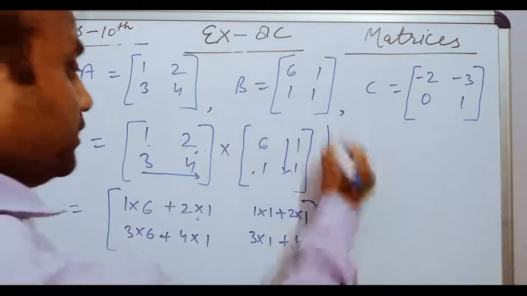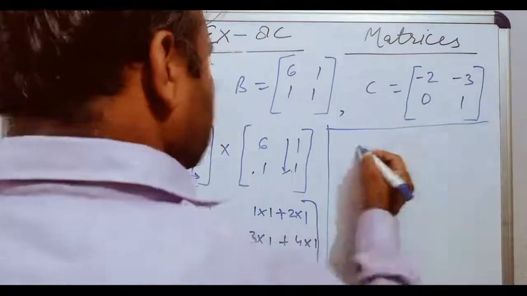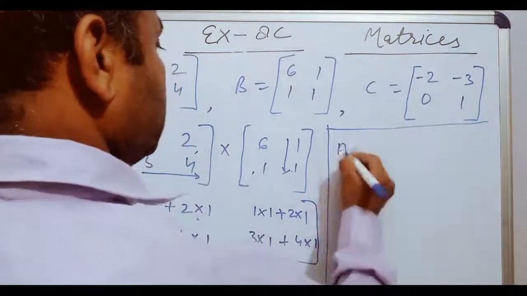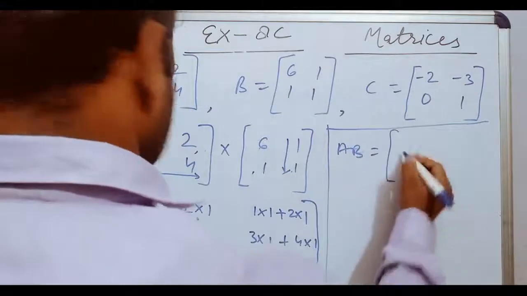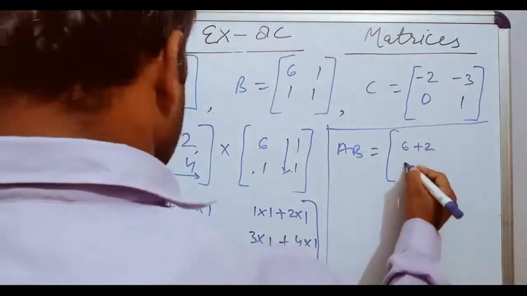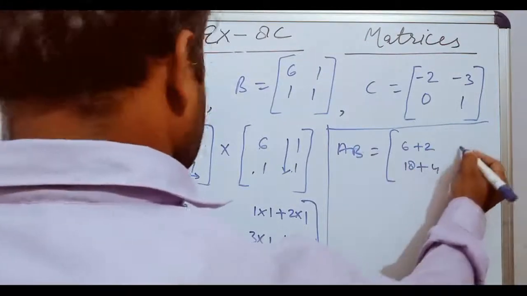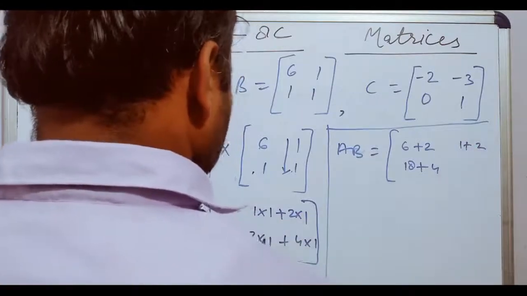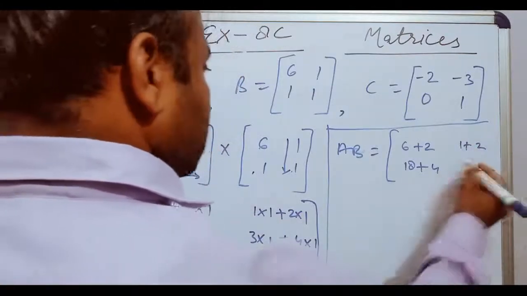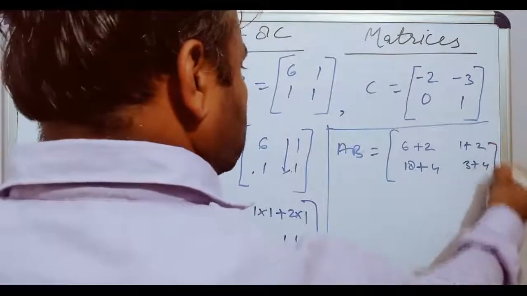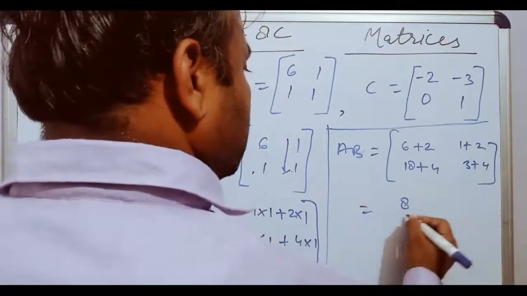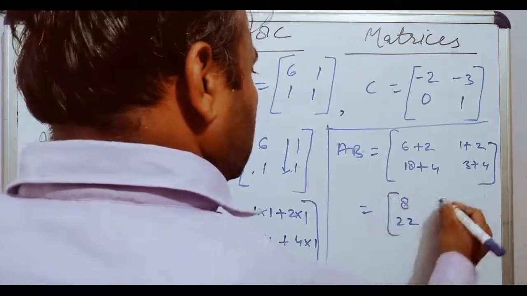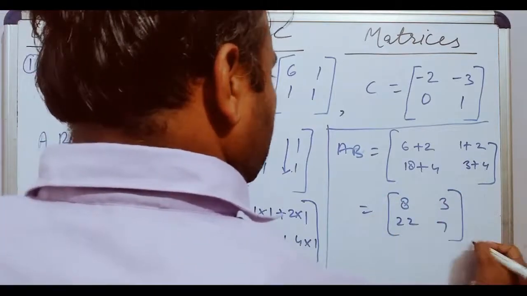Now dear student, AB equals 6 plus 2, 1 plus 2, 18 plus 4, 3 plus 4. Then it is [8 3; 22 7]. This is the answer.